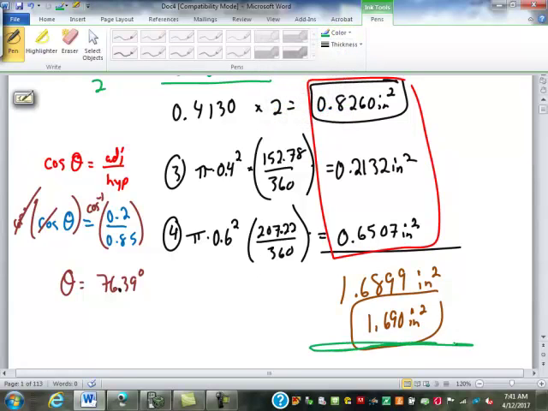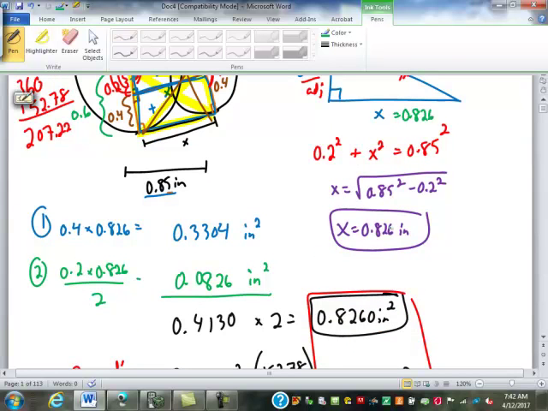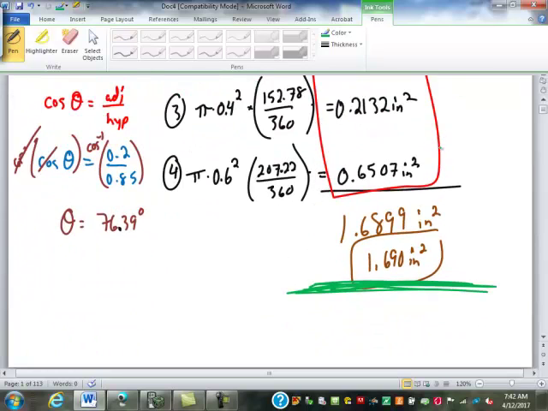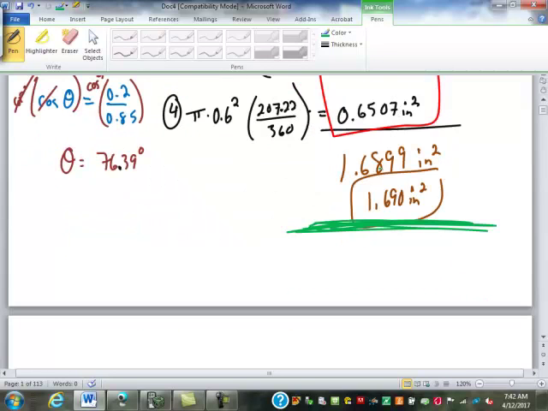Any questions on how I got to that? Okay, well then let's look at problem number 2 of your homework. So for number 1, x was 0.826 inches, and the area was 1.690 inches.